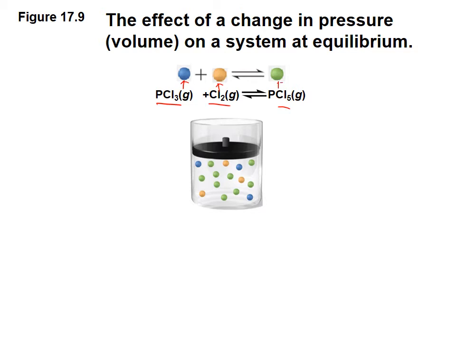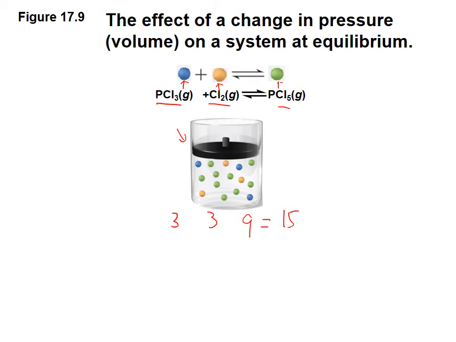Suppose this is a system at equilibrium. We can count how many molecules are in the system. In this case, we have 3 blue balls, that's the phosphorus trichloride, 3 brown chlorine, and 9 green. So the total number is 15 molecules in the system.